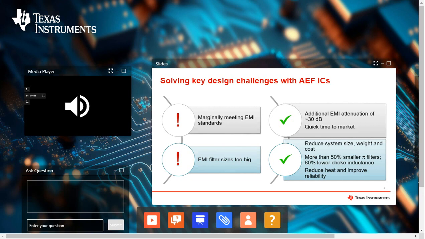Scenario two, designers are satisfied with the EMI performance. However, the passive EMI filters needed to achieve that performance are too big, heavy, and expensive. AEF ICs can maintain the acceptable level of EMI performance and do so by significantly reducing the passive filter size, weight, and cost.